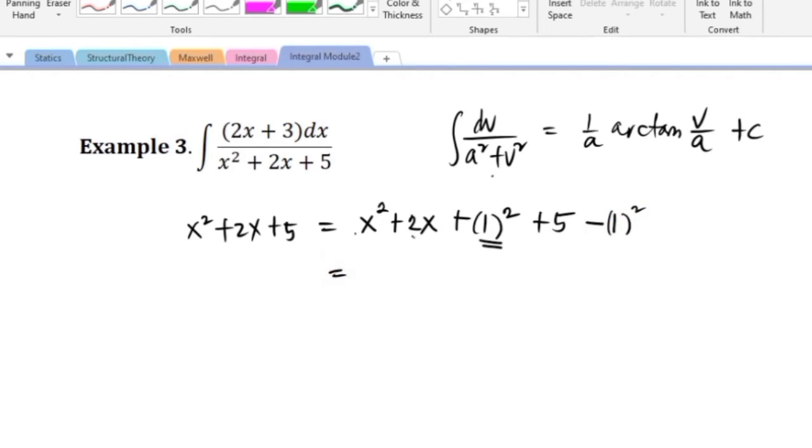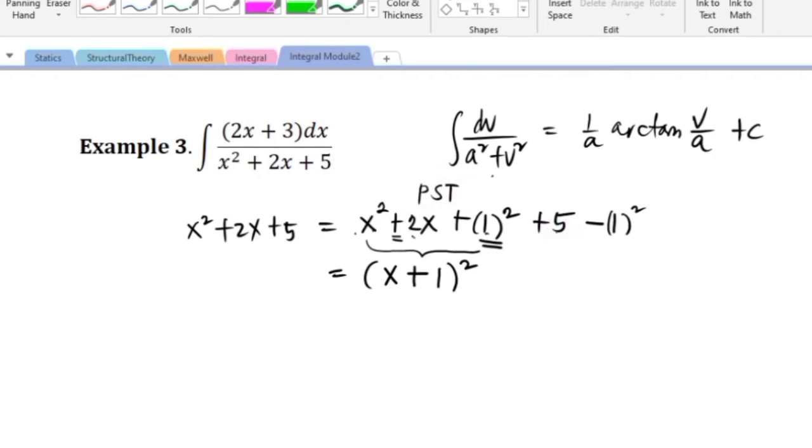So, for this, the square root of the first term, we have x. Copy the sign of the second term, and then take the base or the square root of the third term. So, that's 1 square. So, in this case, ang nabubuo natin dito ay isang perfect square trinomial.